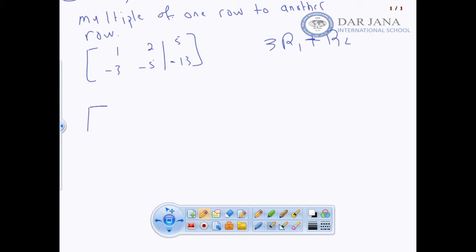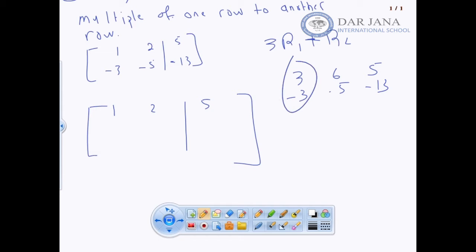So which row will change? R2 will change. R1 will remain as it is. And let's multiply R1 by 3. It will become 3, 6, and 15. And I'm going to add it to R2, -3, -5, and -13. 3 plus -3 is 0. 6 plus -5 is 1.